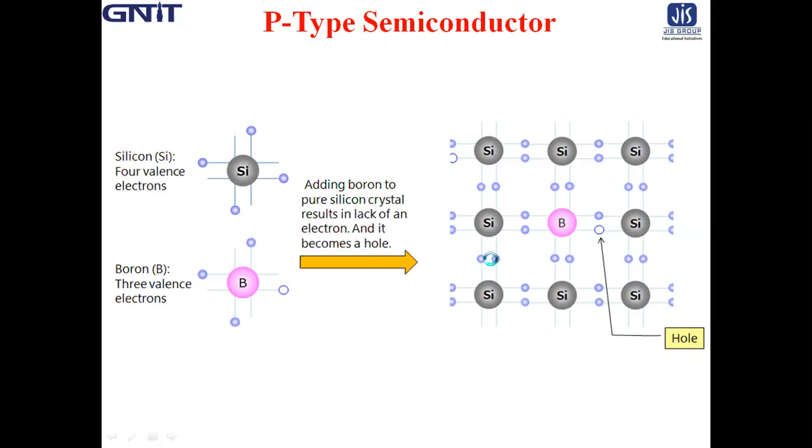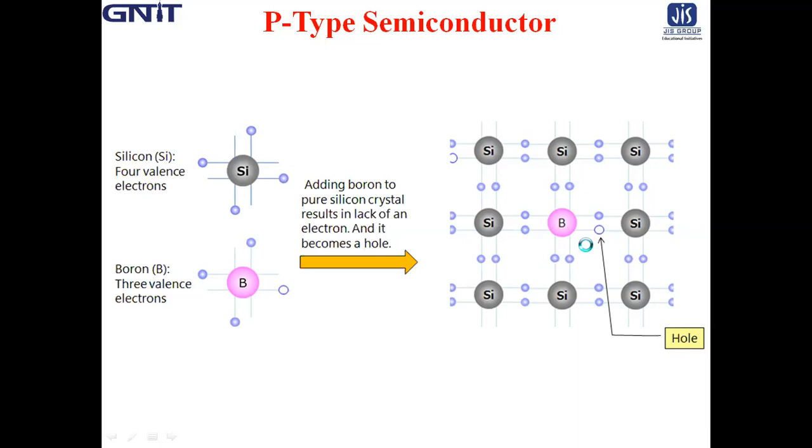This vacant position in the valence band can be thought of as a hole. So this is basically a hole, see in the picture. This figure shows the formation of holes in the valence band, and these positively charged holes can move through the crystal contributing current.